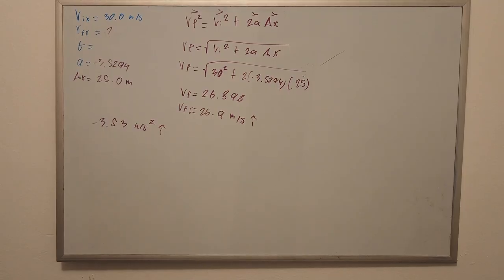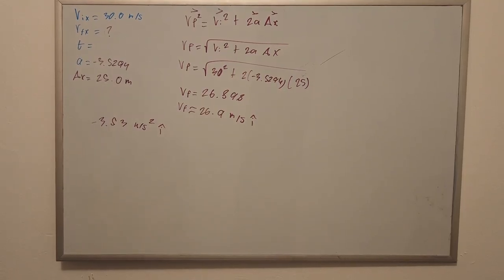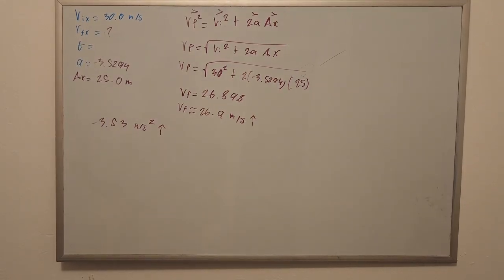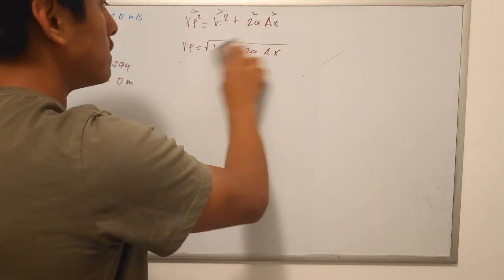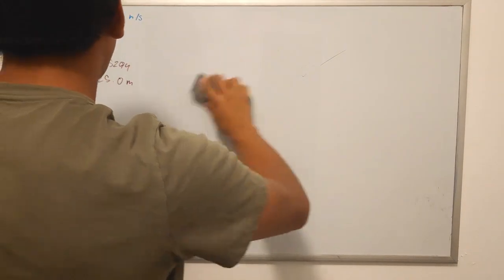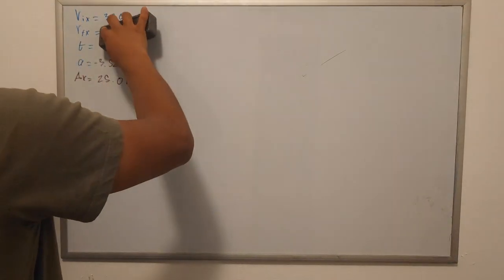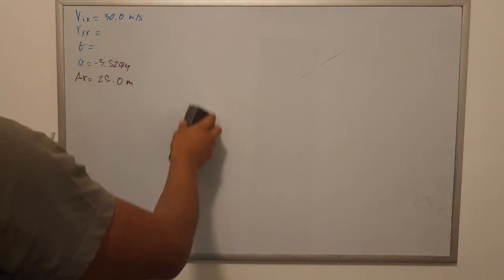And then the last part is asking us, what amount of time does it take the object to move a distance of 40 meters from its initial location? So now we're looking for time. Erase all this. Now we don't know velocity final again.